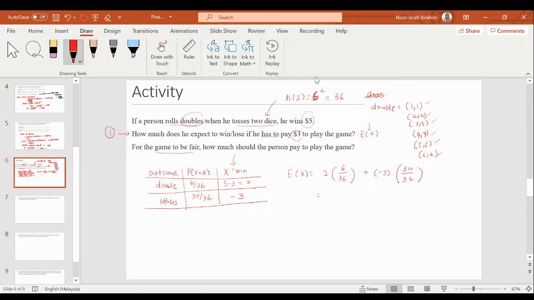Okay, we should get here negative 2.17. So it will be expected to lose $2.70.